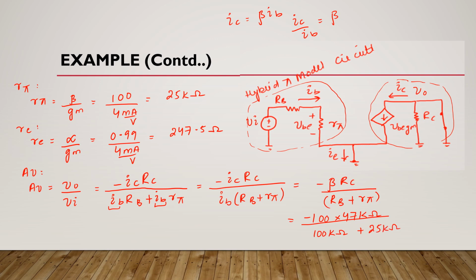After solving this, you will get minus 37.6 volts per volt. So this is your voltage gain.